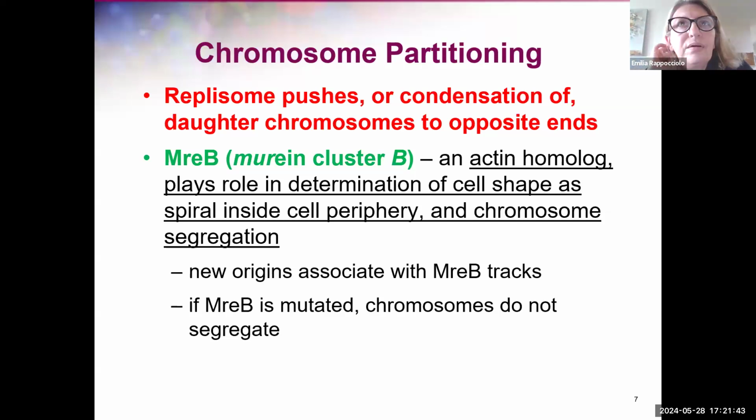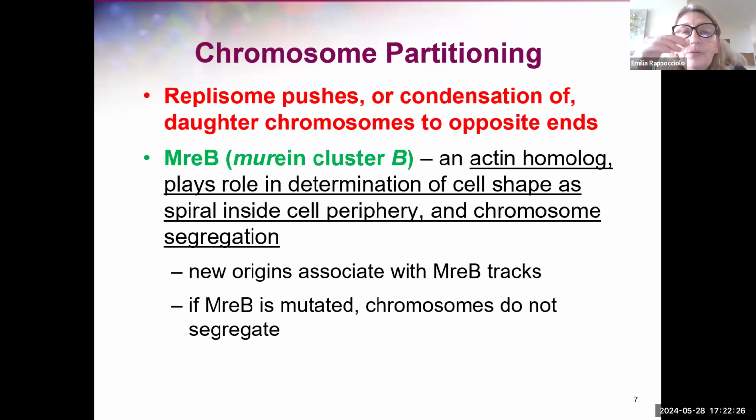The replisome, which is this group of proteins which are required for replication, is also part of the mechanism that pushes the daughter chromosomes to two opposite ends. One protein of the cytoskeleton which is involved in this process is called MreB, murein cluster B protein. You might remember we talked about this in the first lecture. It is a homolog to actin, so it's similar to actin, part of the cytoskeleton.